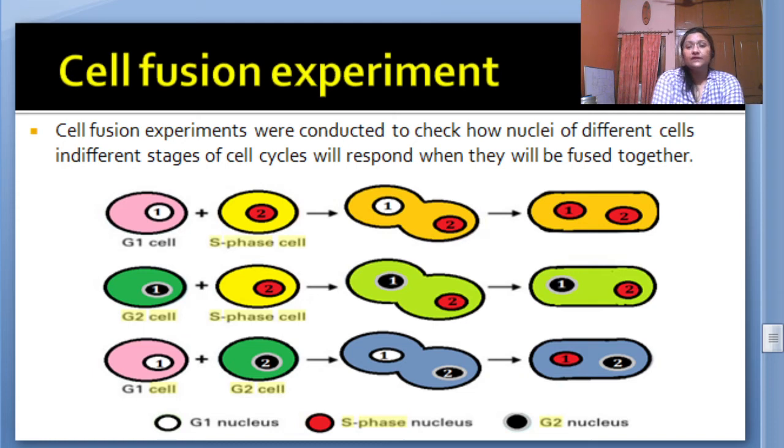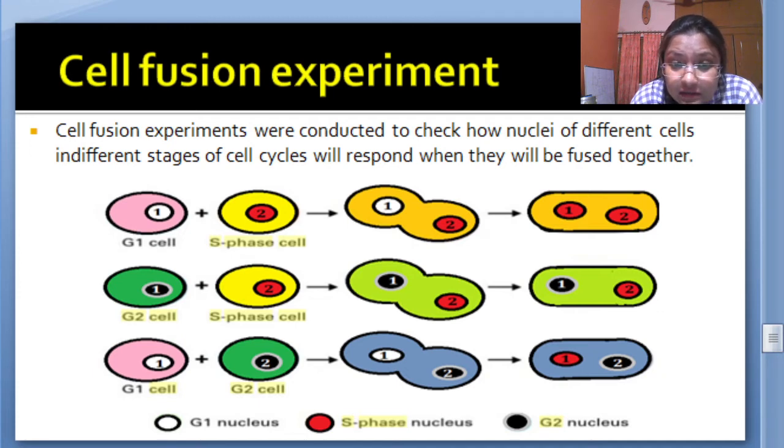First of all, a cell which was in G1 phase was fused with a cell which was in S phase. We can see they have been fused here. The white color is showing the nucleus of the G1 phase cell, and the red one is showing the nucleus of the S phase. What was the result?